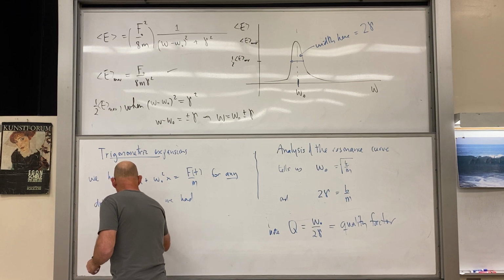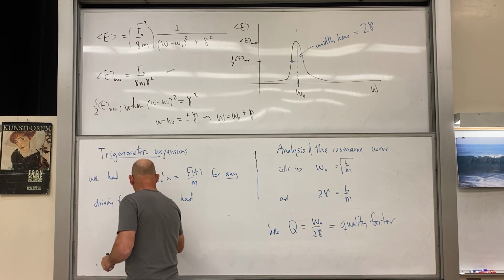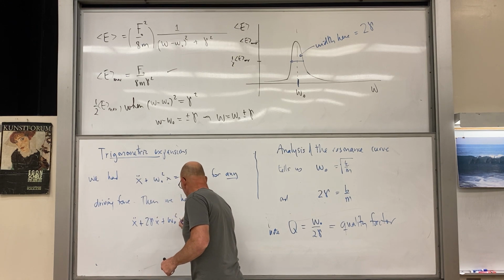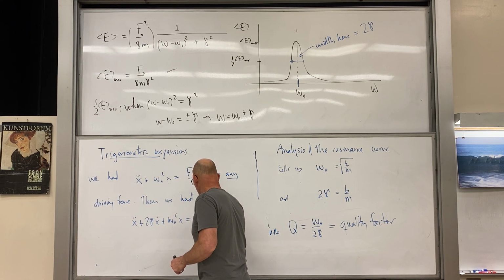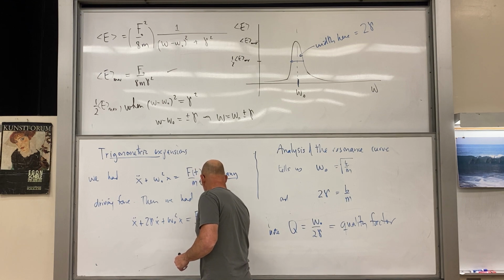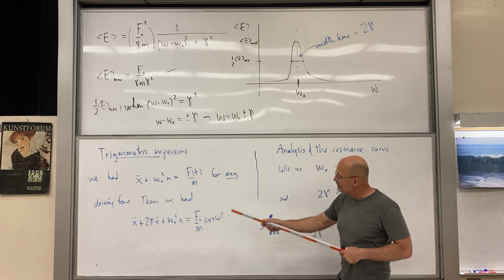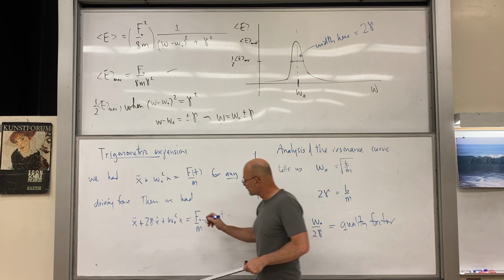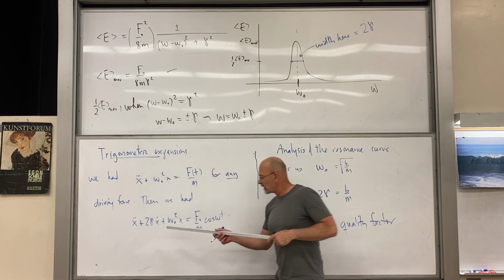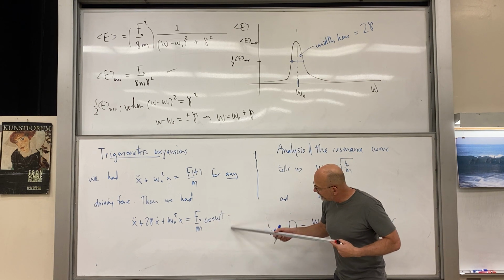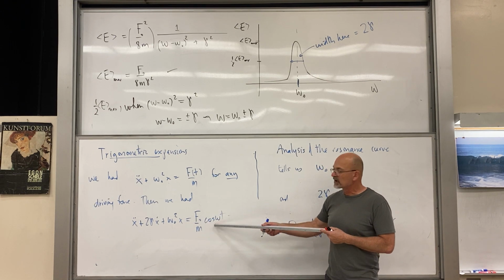Then we had this one here plus 2 gamma x dot plus omega naught squared x equals f naught over m cosine omega t. So we solved this damped driven problem just for a single function, the cosine omega t.